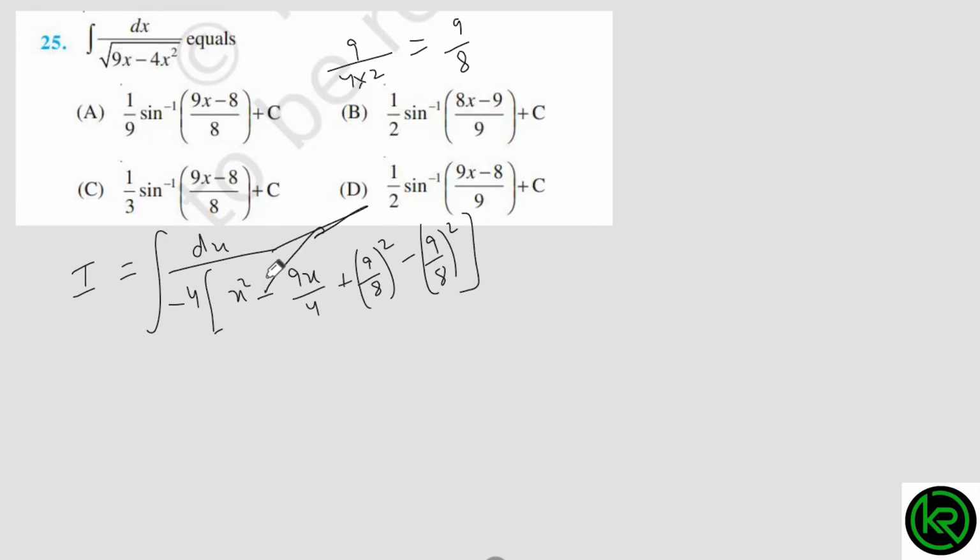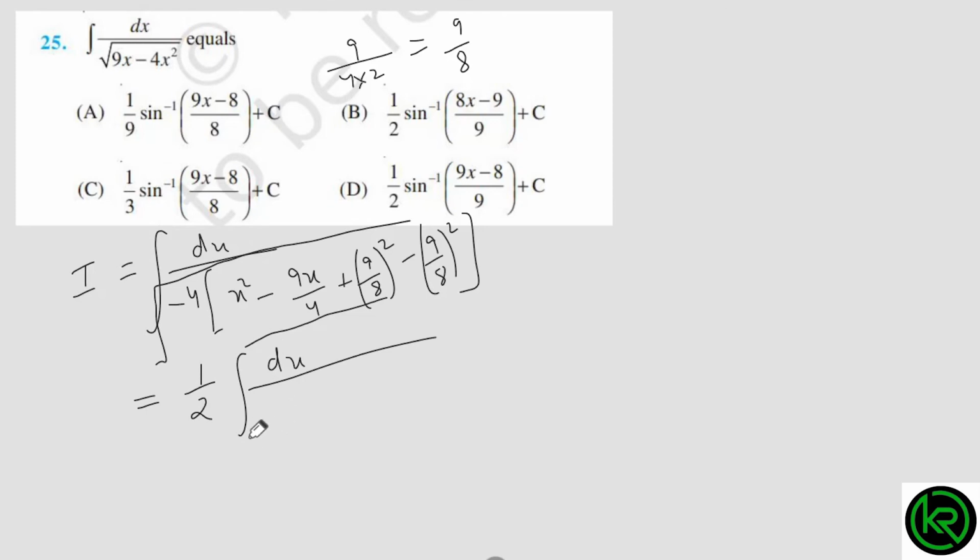Now this forms the formula x square plus b square minus 2ab. So we will get this, and the under root also. Due to the under root, this 4 will come outside and become 1 by 2, and dx upon under root of minus x minus 9 by 8 whole square, and here we are getting 9 by 8 square.